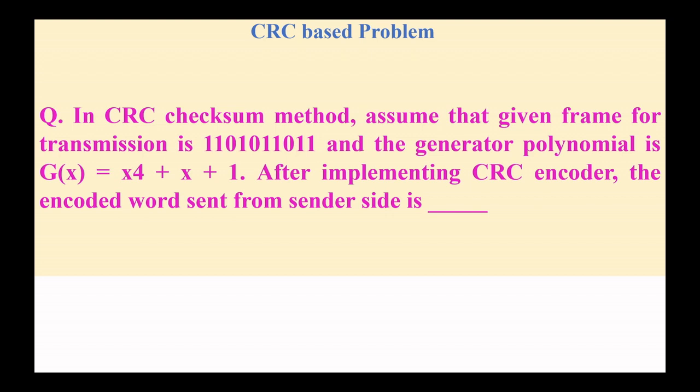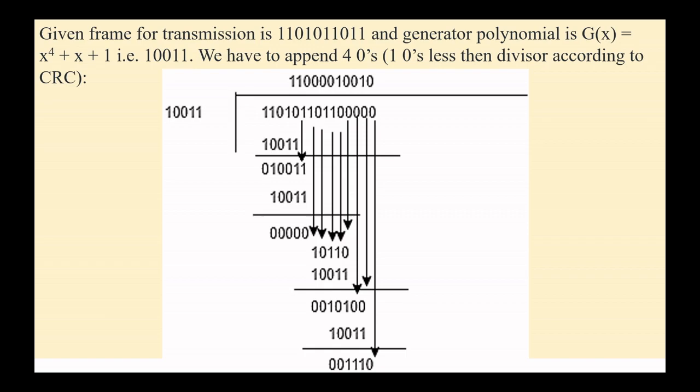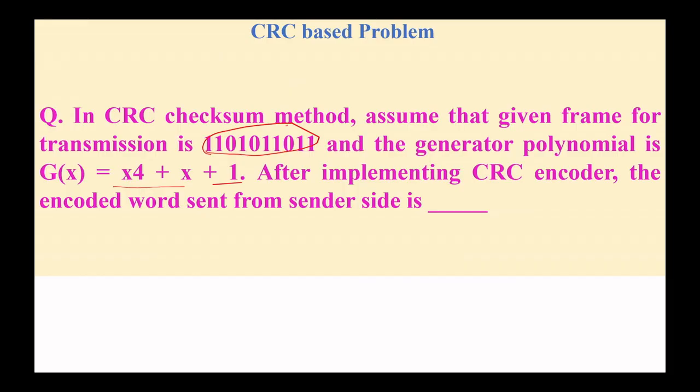In CRC, this is your transmitted message, and this is a generator polynomial. From this generator polynomial, we have to check which terms are present and which are missing. So 1 into x to power 1, 0 into x square, plus 0 into x cube, plus 1 into x to power 4.